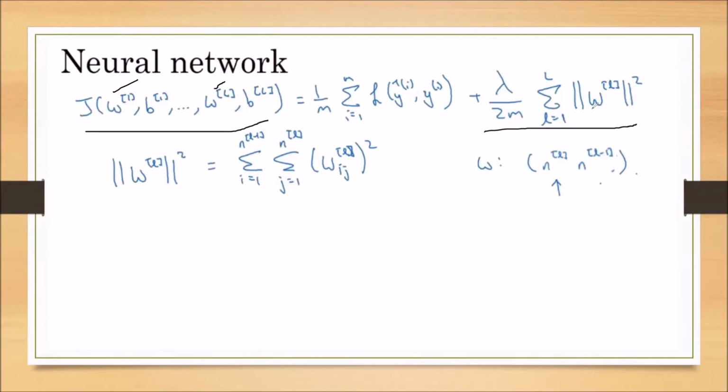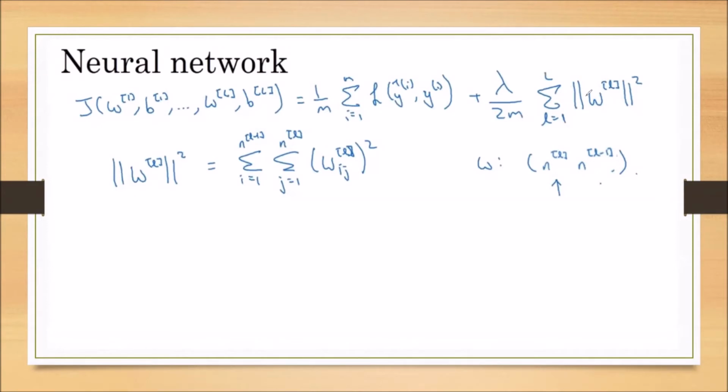But here, because we have L number of layers, we are adding the squared summations of all matrices for the L layers. That's why I am writing small l equal to 1 to capital L, where capital L represents the last layer.